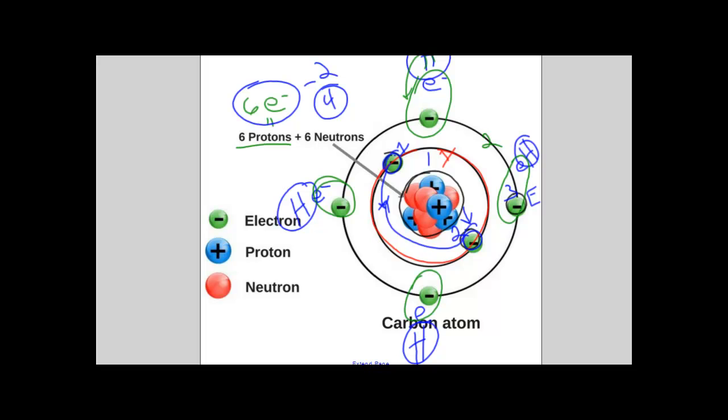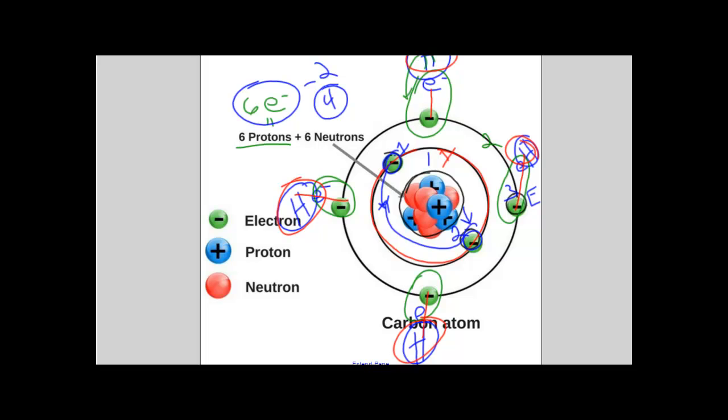Now we have a carbon atom that has 4 hydrogens, 1, 2, 3, 4 hydrogens attached to it by chemical bonds. In other words, we have a carbon atom who has paired every one of its single electrons with the single electron from a hydrogen atom.